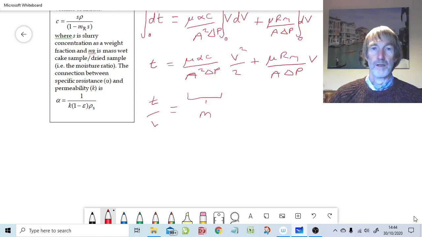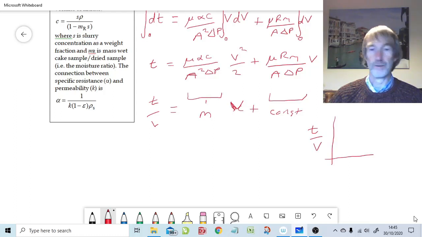As we're taking V over here, this is just V. I better put V there, to be honest, rather than the independent variable. And then we have a constant just here of all this lot. So that is our constant. So we tend to linearize this equation and plot time over cumulative filtrate volume.